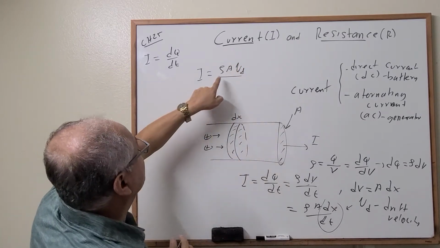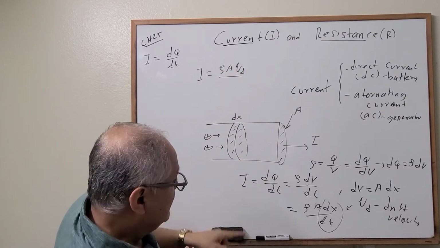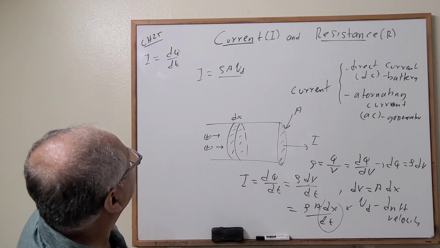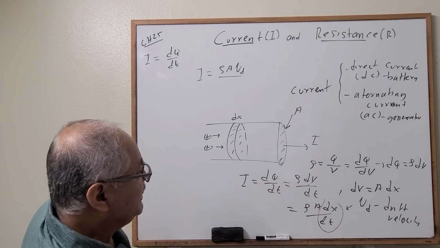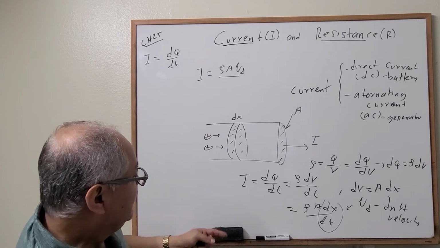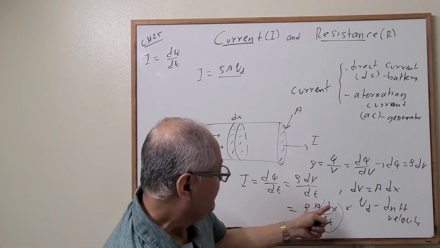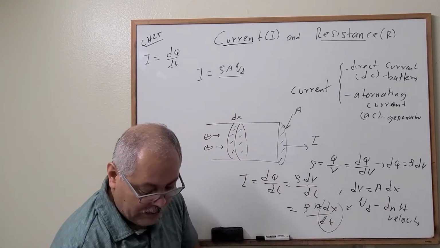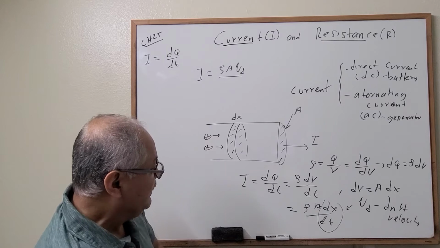That's the velocity. I forgot something, something is missing right here. Okay, let's see, we have that quantity in this part.